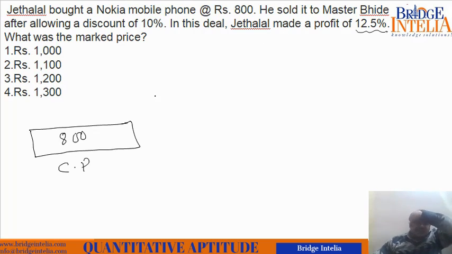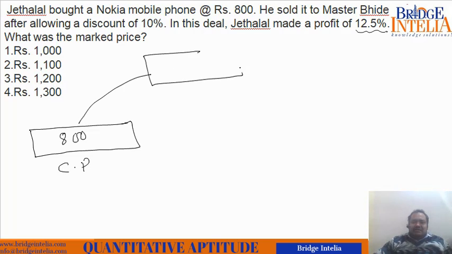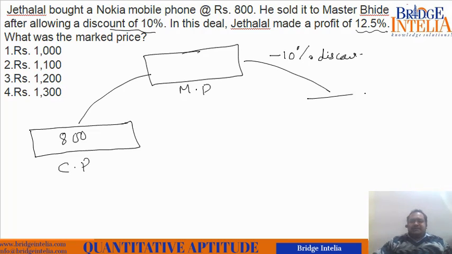He then marked this up, brought it to marked price. Then he gave a discount of 10%. Giving a discount of 10% means he wanted the customer to pay only 90% of marked price.